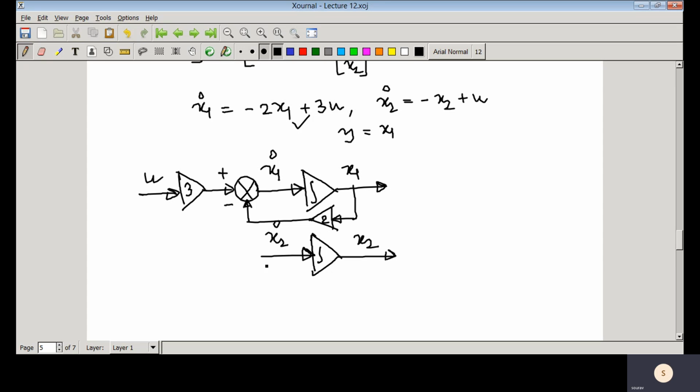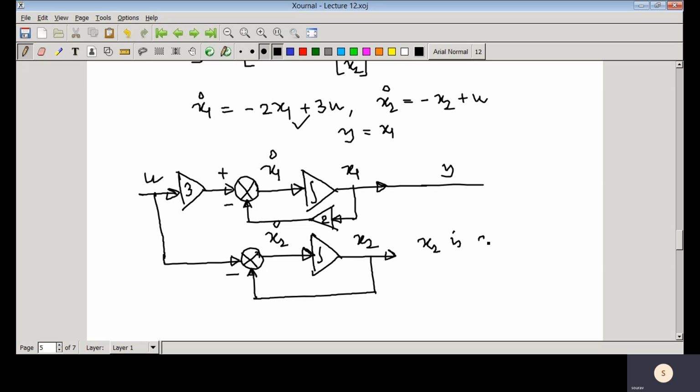And then the second one is x2 dot, that is -x2, and this u is connected here. So both the states are directly connected to the input, but if you look at the output equation, this is only the output. So now you can see that this x2 is not connected to y.